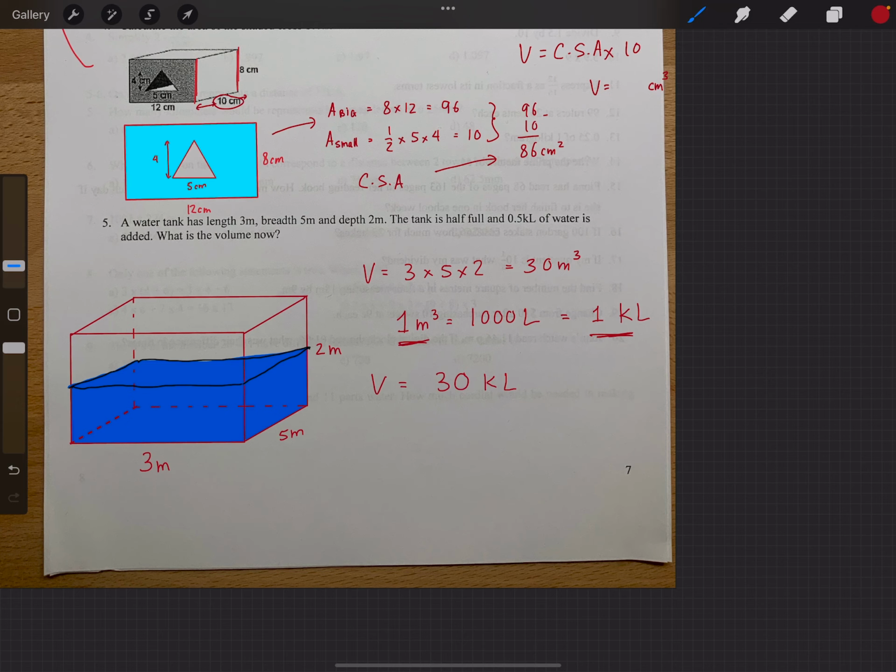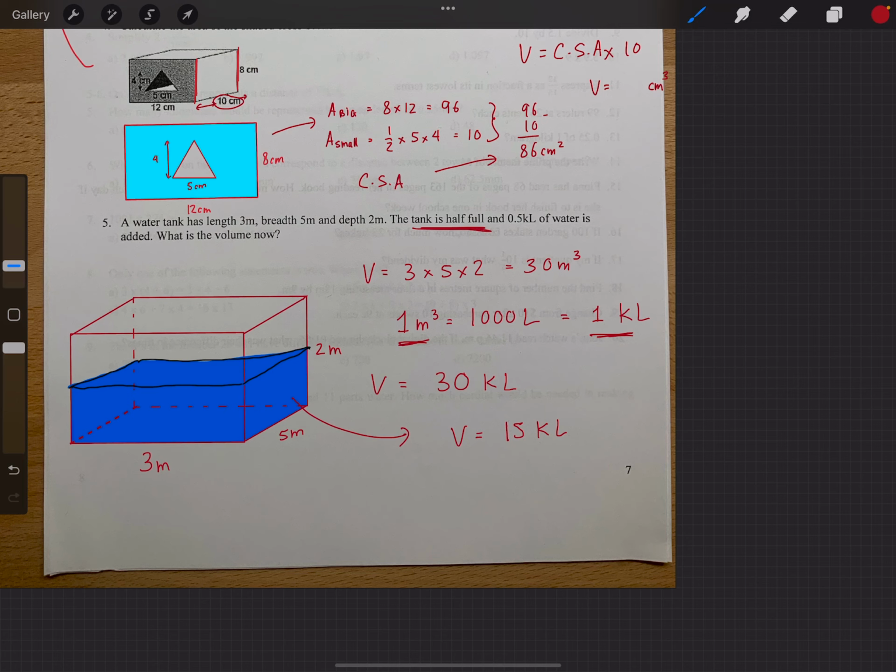Now it says the tank is half full. So at the moment you can see in the picture, it's half filled with water. The whole tank can hold 30 kiloliters, so when it's half full, the volume of the water is only 15 kiloliters.